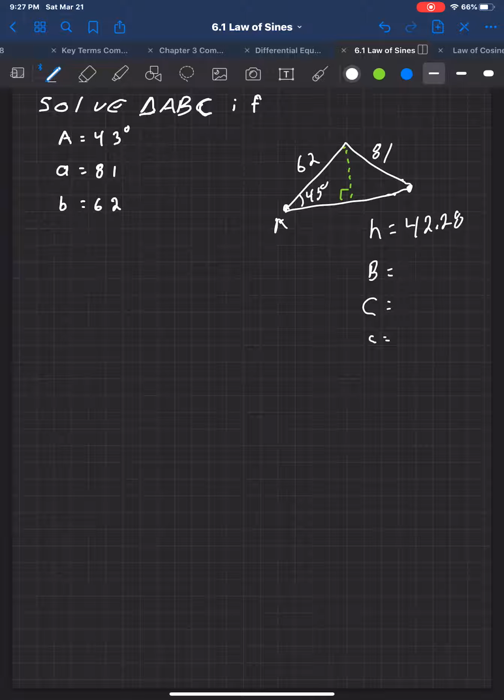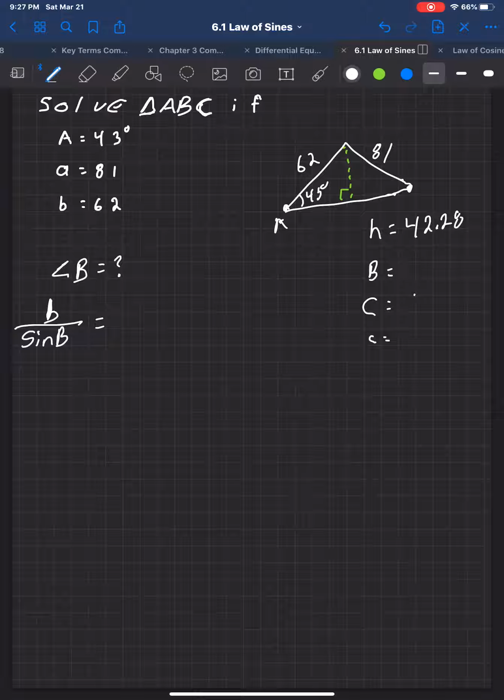This is actually a good problem to take notes on because now we want to find angle B. We need to find angle B, angle C, and side C. We're going to pick angle B. So what should I use? For sure, if I want to find angle B, I'm going to have little b over sine of angle B. Think about the information that I have.